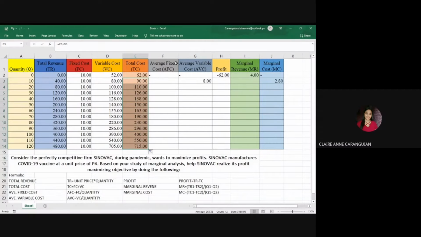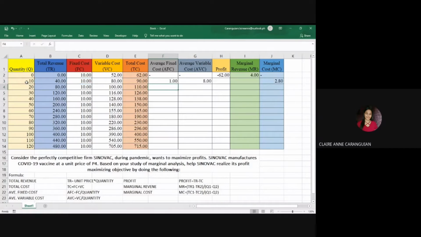To get the average fixed cost, at zero quantity we have 0, because if we divide the fixed cost over zero quantity it is equal to 0. So our formula is fixed cost divided by quantity. Our fixed cost is 10 divided by our quantity, which is 10.